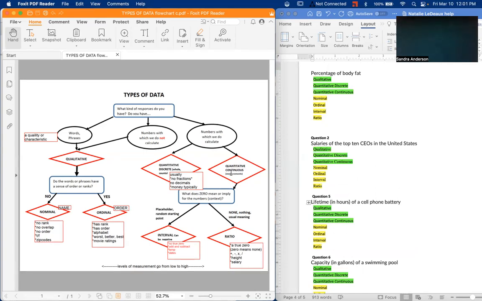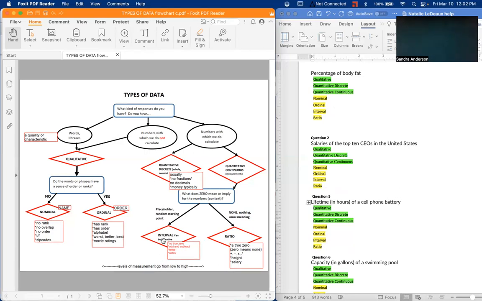It could be decimal numbers, or a non-repeating, non-stopping decimal. So your percentage of body fat could be 8.765432. So it could be continuous. It's a measurement of your body fat. So that is quantitative continuous.